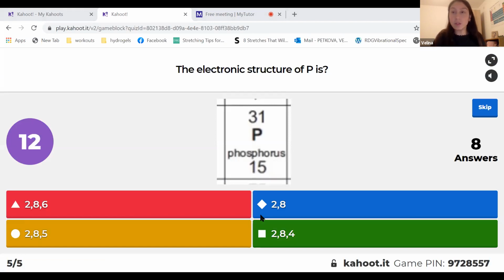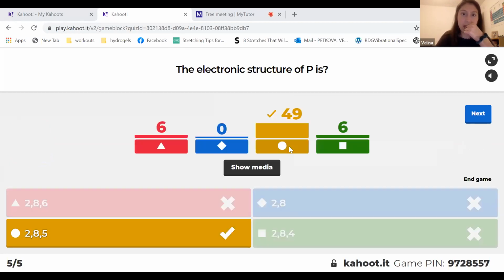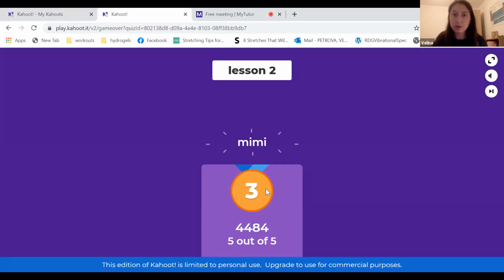It's going to be more past paper like questions, which take a bit longer. Okay, brilliant, well done. Most of you guys got that right. So yeah, 2 in the first shell, 8 in the next shell, so that adds up to 10. So 5 in the last shell. Perfect. Okay, that one done too.